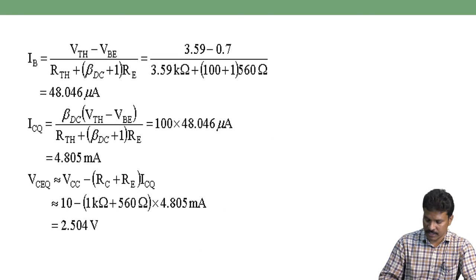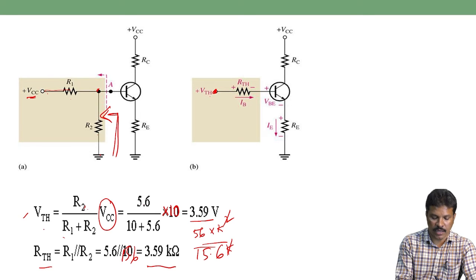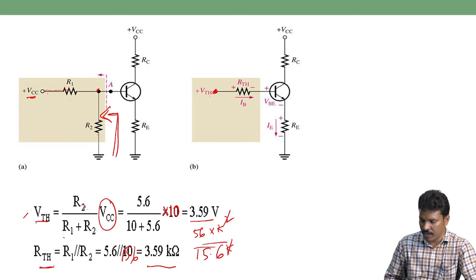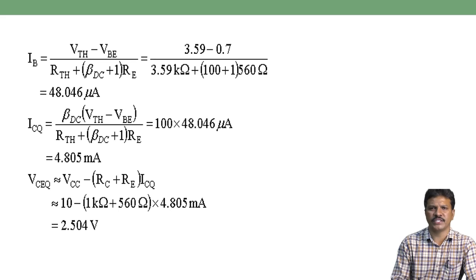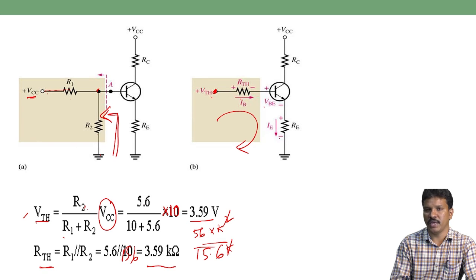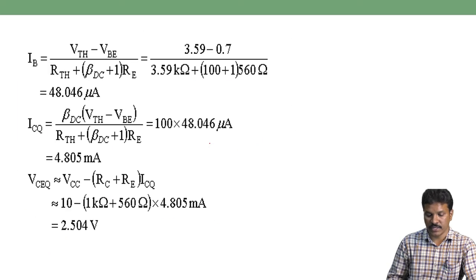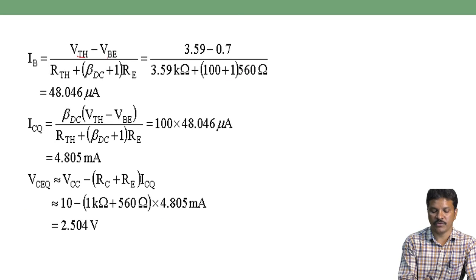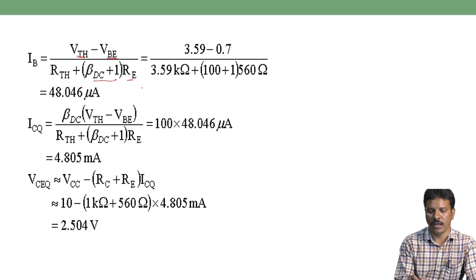Now we have RTH and we have VTH. So apply Kirchhoff voltage law. Applying Kirchhoff voltage law to this network: VTH minus IB RTH minus VBE minus IE RE, then you will get IB equal to VTH minus VBE divided by RTH plus 1 plus beta times RE. All the parameters are in the problem.